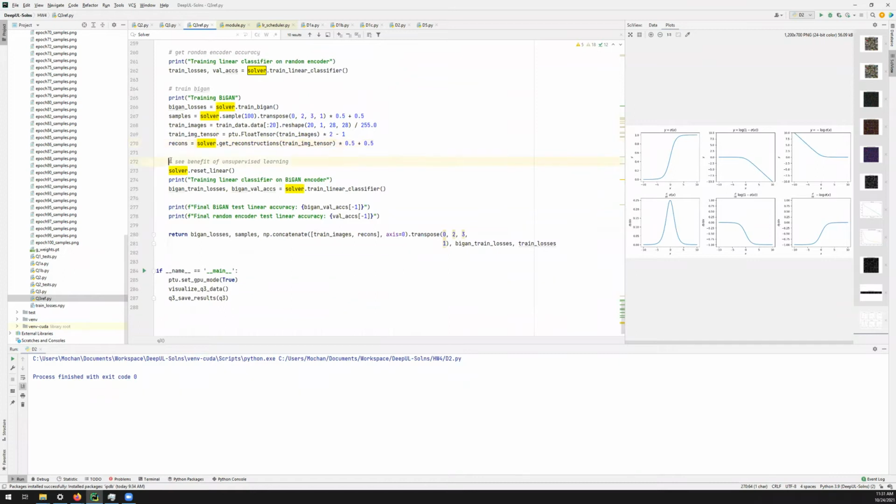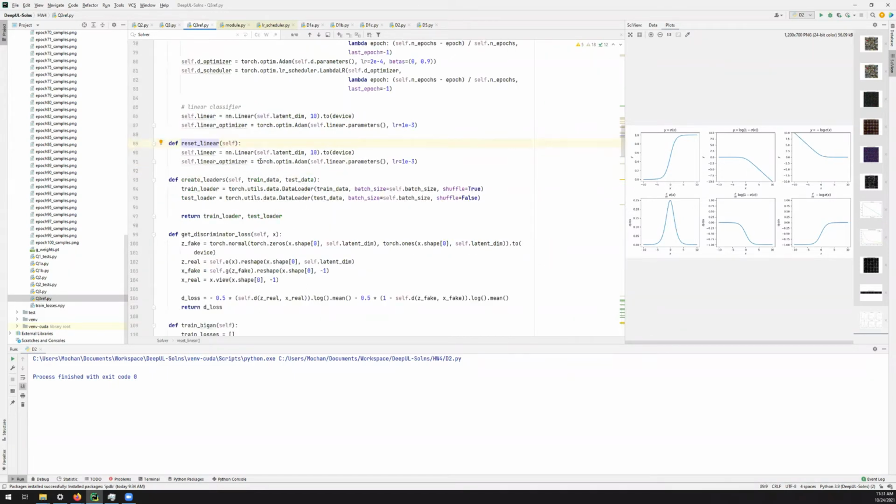And then we have the last part where we have to do the solver. So we clear out the solvers, the reset linear. So the linear one, you send it to the GPU, and then you restart it again.